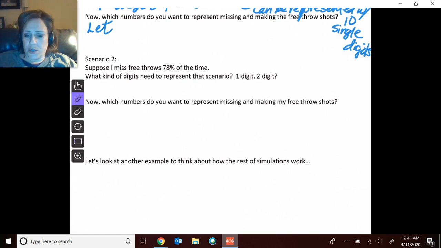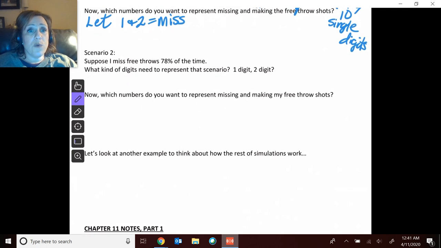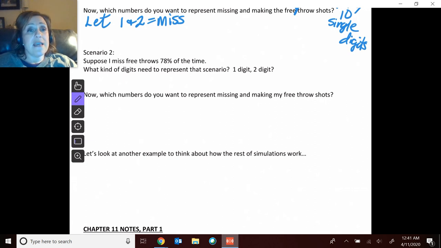I usually like to start with 1 and 2, and those were the shots missed. So if 1 and 2 are going to be the shots missed, then what would be the digits to represent making it? That would mean that numbers 3 through 9, keep in mind, 3, 4, 5, 6, 7, 8, 9 is only 7 digits.